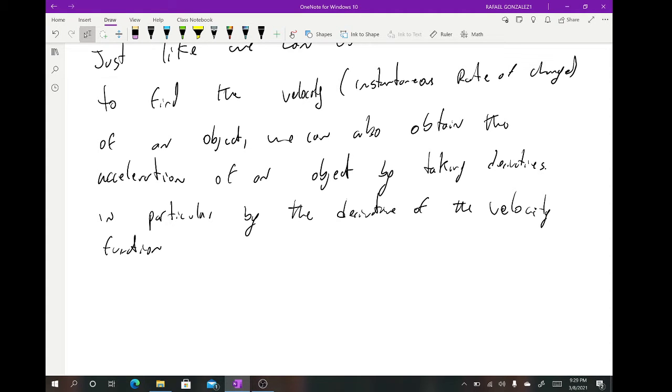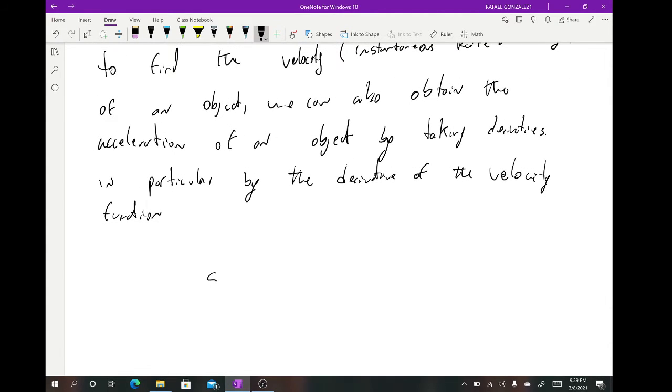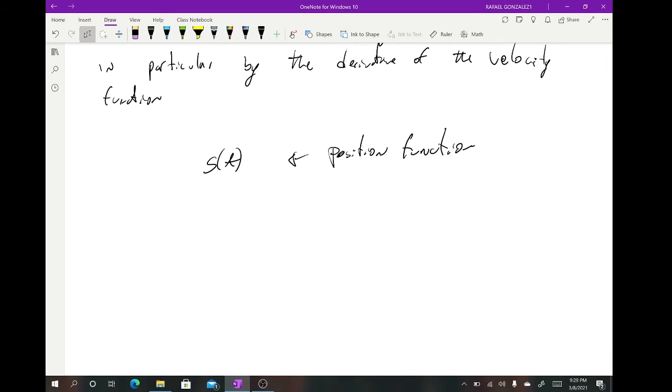When we began talking about derivatives, we saw a position function which we call s of t. So this is a position function. We saw that when we took the derivative of s of t, if we did s prime of t, that was equal to the velocity function v of t.